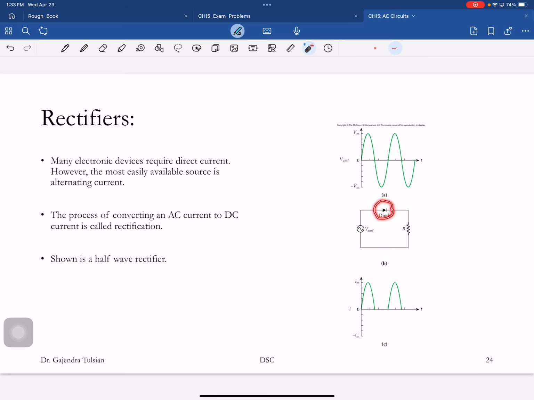So it only lets current pass through during half the cycle. If you stick a voltmeter there, this is what you'll see. But you're leaving half the money on the table. For every $100, you left $50 on the table. That's not good.